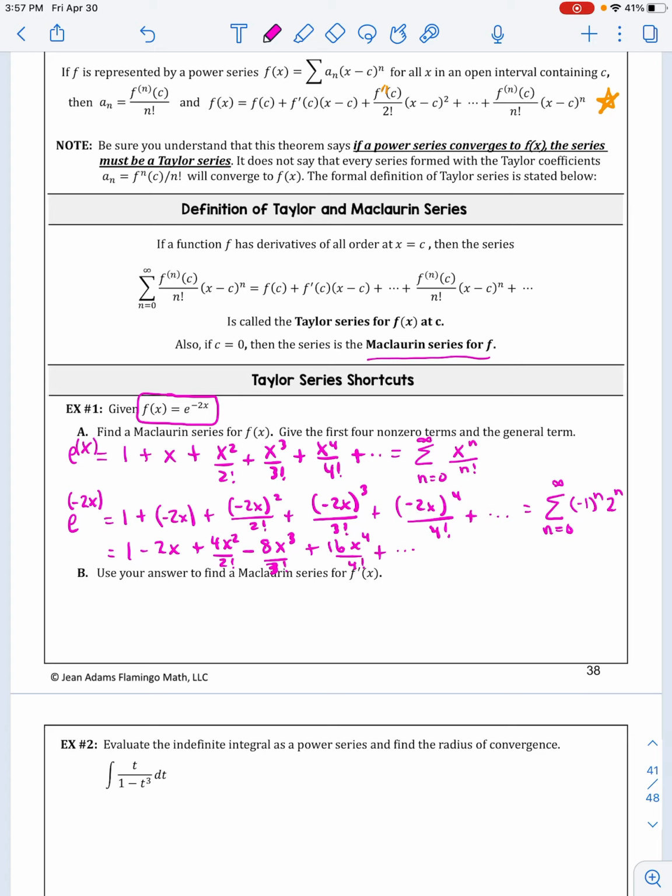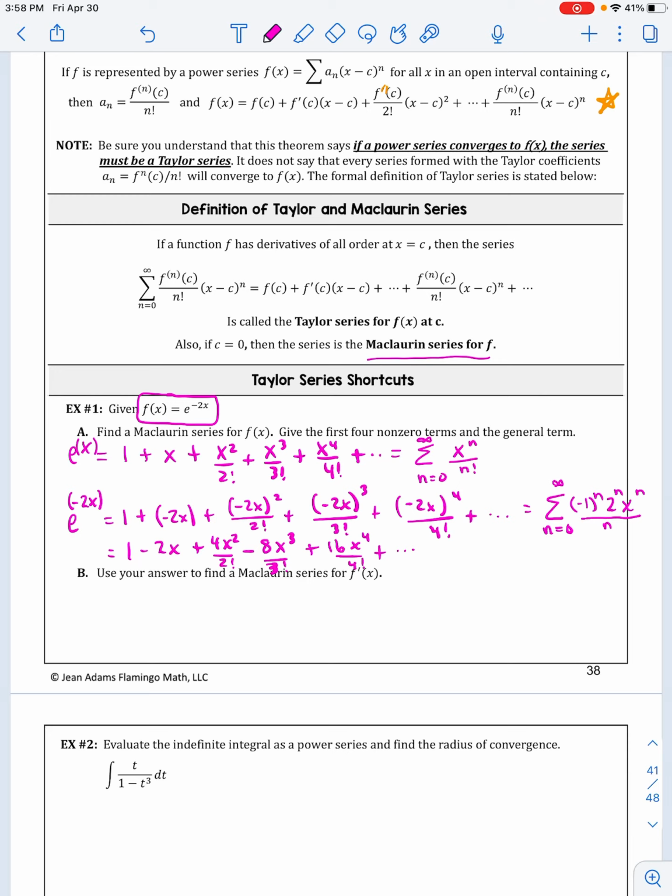So I actually got my 2 to the n, because if I start at 0, that's going to be negative 1 to the 0 power times 2 to the 0 power. That's going to be 1.